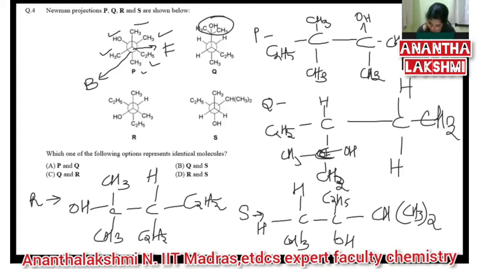I'm checking whether Q has it. No, in Q we can't find anything like that. In R, can we find anything of that sort? No. Can we find anything in S? No. We can't find a carbon with 2 CH3 and C2H5 attached. So there is nothing similar to P here.